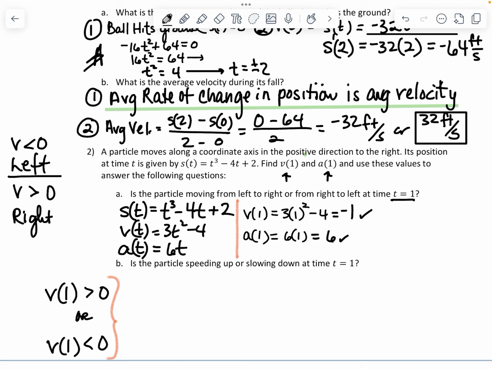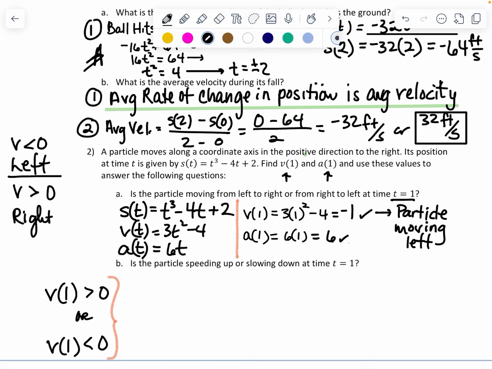So now, something about velocity. If velocity is negative, the particle is moving left. And if acceleration is positive, then that gives some more information here, but that's all we need here, right?